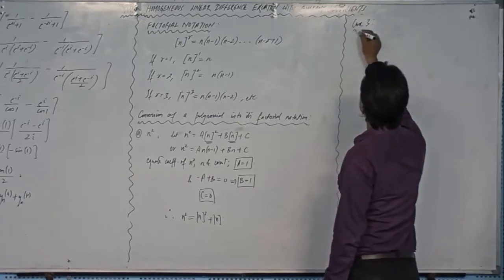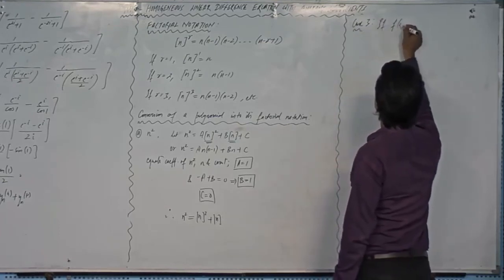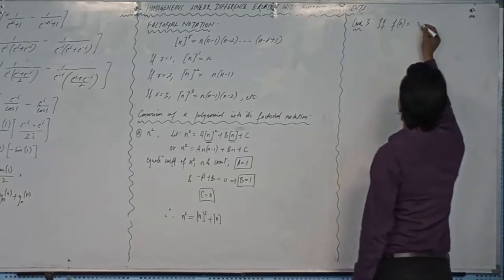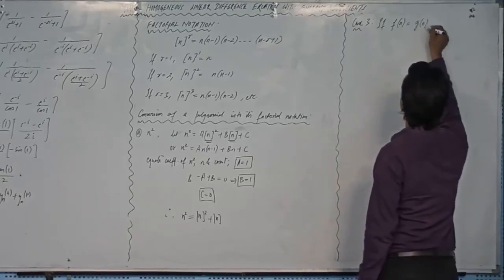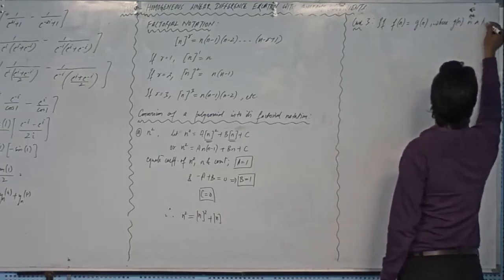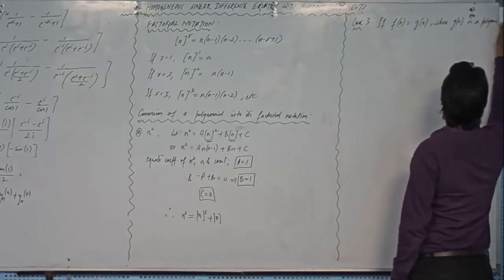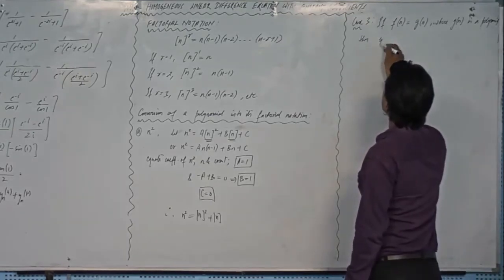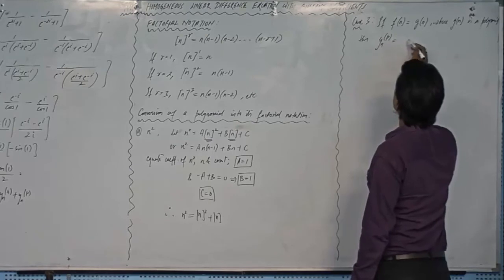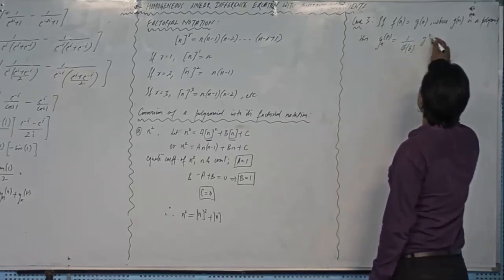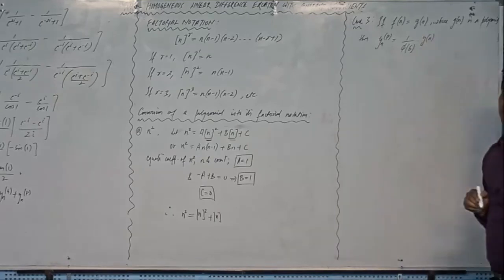Case 3. If the right hand side of your non-homogeneous difference equation is some polynomial, let me write it Gn, where Gn is a polynomial, then the particular solution is equal to 1 over phi E applied to this polynomial Gn.